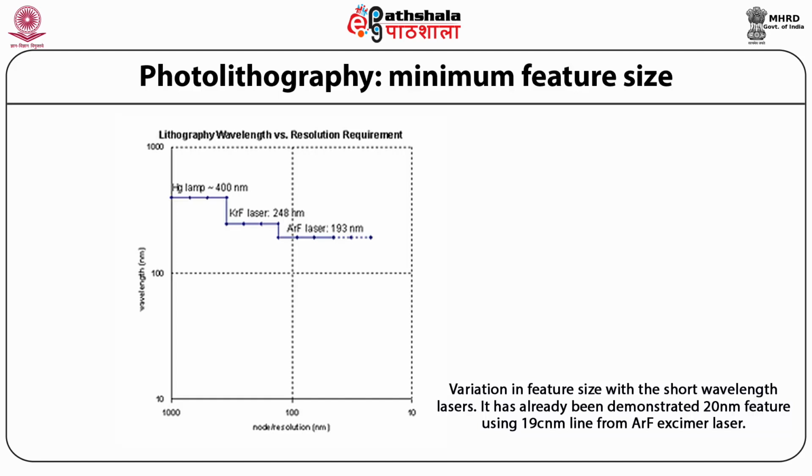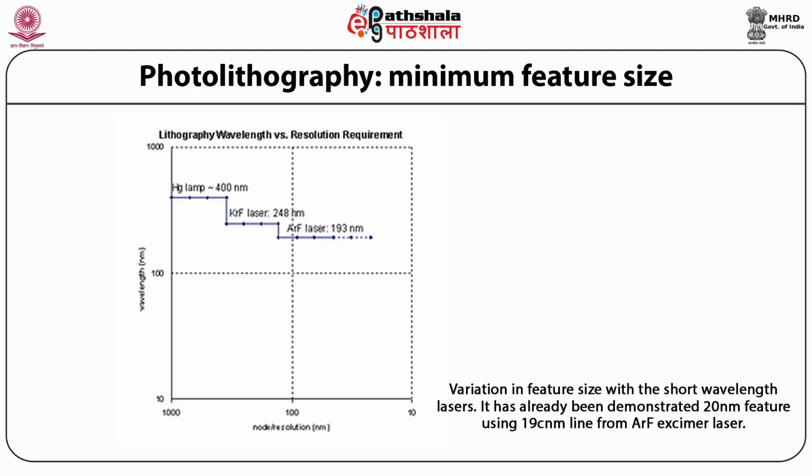This spectrum is filtered to select a single spectral line. The most popular emission lines are 436 nanometer, the G line, 405 nanometer, the H line, and 365 nanometer, the I line, used from mercury lamps.